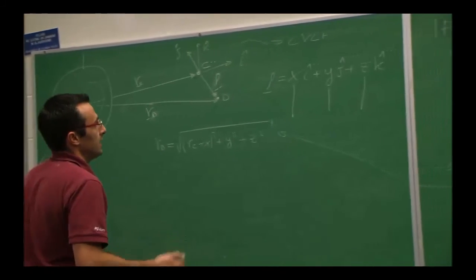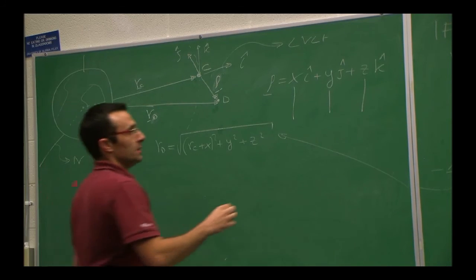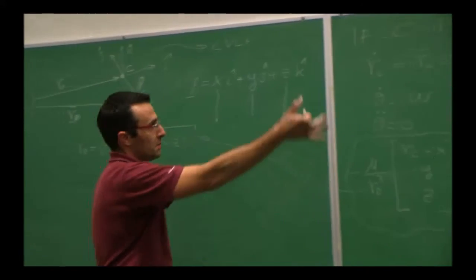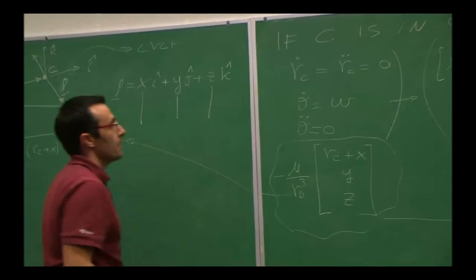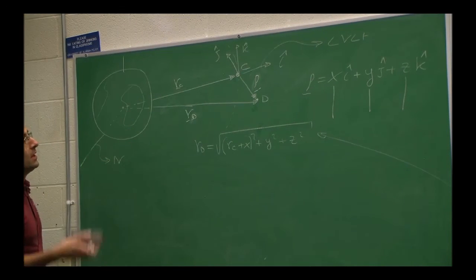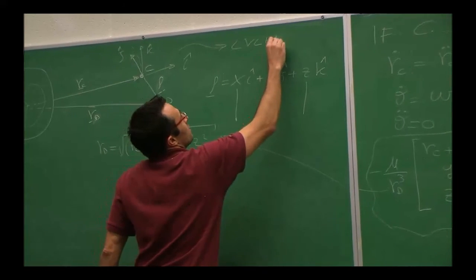I'm going to do it for the first equation because the other ones are pretty much an identical procedure. So I'm going to take care of this piece here and try to linearize it, because the left-hand side is fine. What is my linearization point? If I said that the chief is a circular orbit, and that's my point of reference, what is my linearization point?